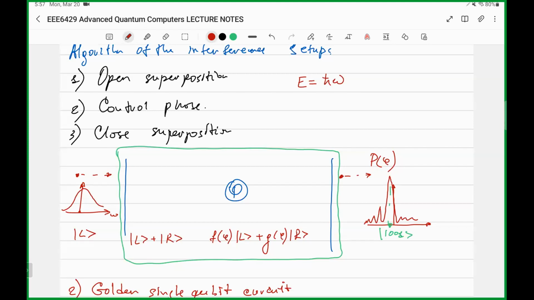For our photons, this omega is nothing but the frequency of light, or if you wish, the wavelength of the light. Let's say I have a source of red light, like a red light laser pointer.